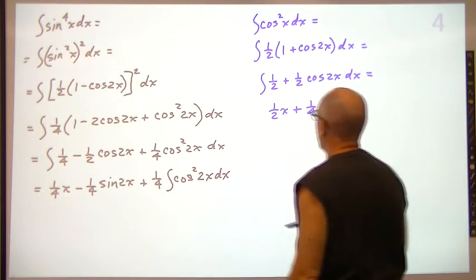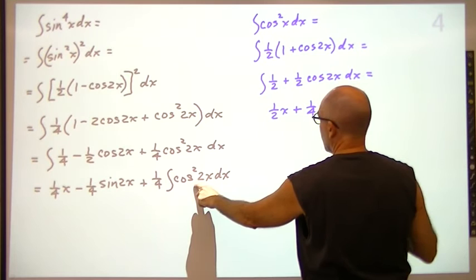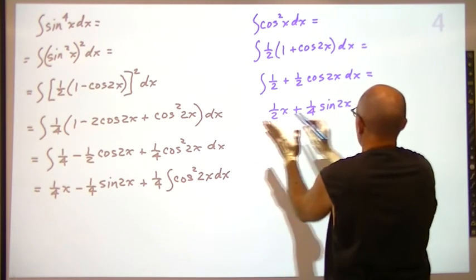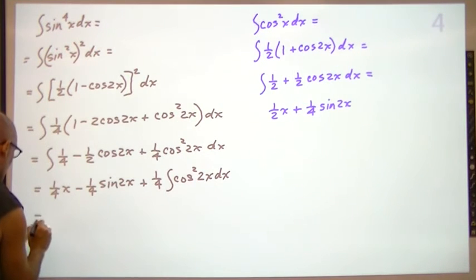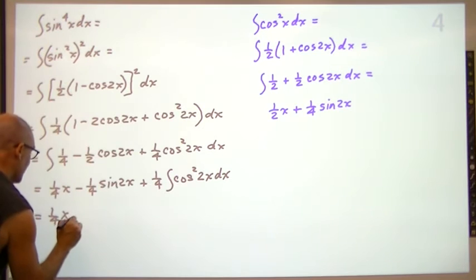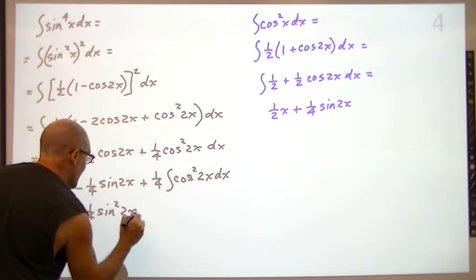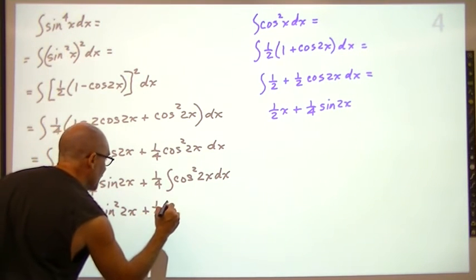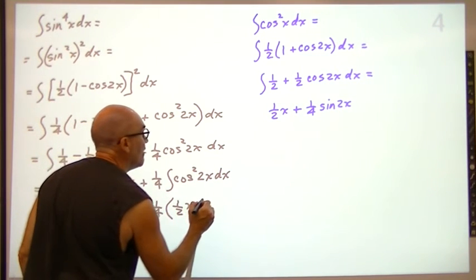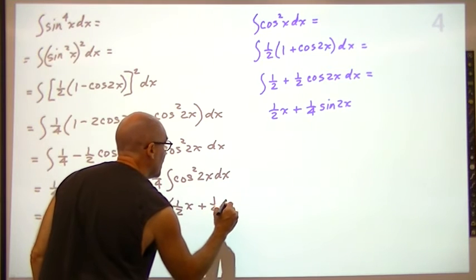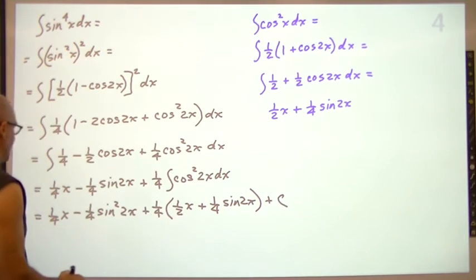Well, we'll put our plus c when we get finished with the whole thing. So notice what we have now is this integral becomes 1/4 times all this. So we've got 1/4 x minus 1/4 sine squared 2x plus 1/4 times 1/2 x plus 1/4 sine 2x plus c, of course.